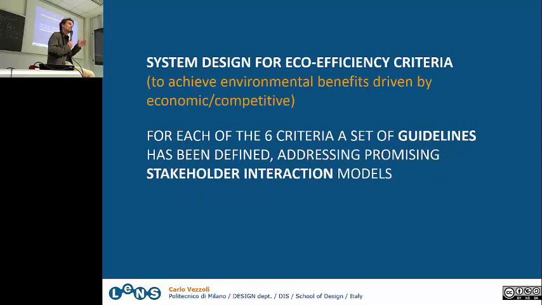Okay, so these are the 6 criteria, just to remind you about those. It will become much nicer when you see the examples of S.PSS that are leading towards this.